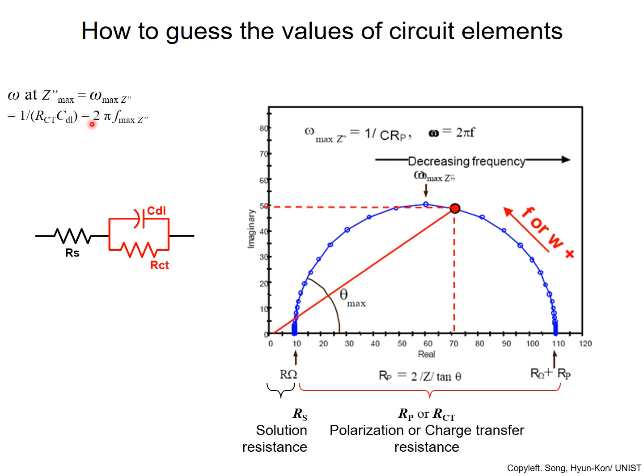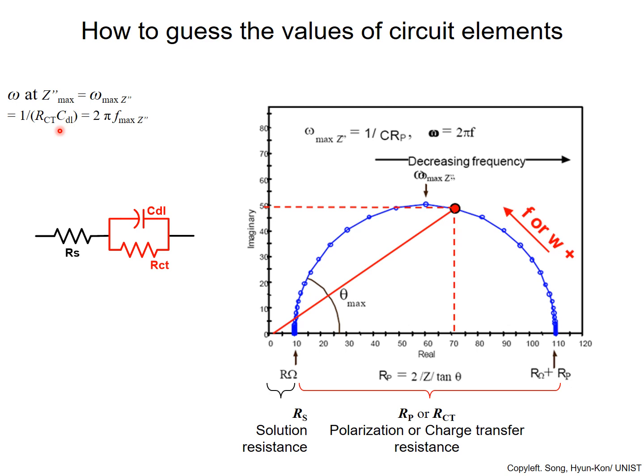And also, this is the angular frequency. Sometimes angular frequency can be converted to just frequency, 2 pi times the frequency at the maximum point or top point of the semicircle. Then you would estimate the RCT value from the diameter. Then after measuring the omega at the top point, you could calculate the double layer capacitance.